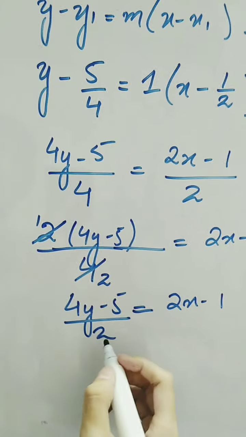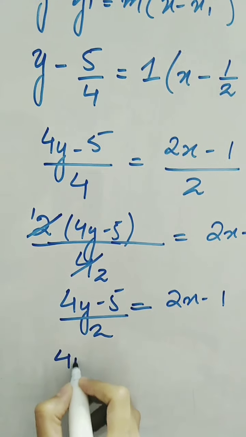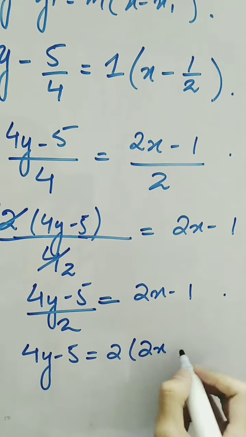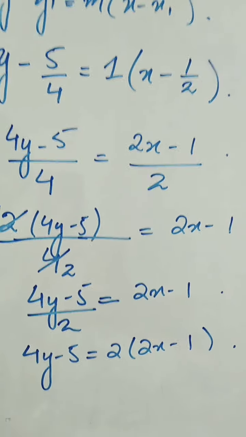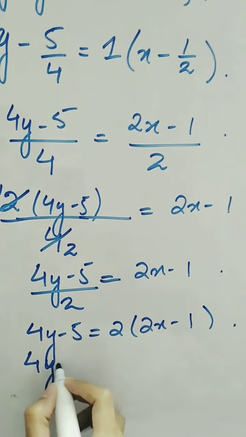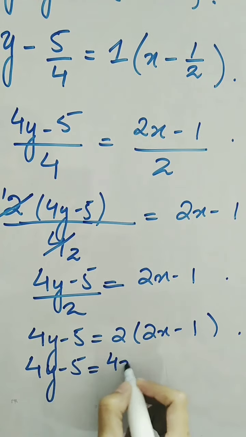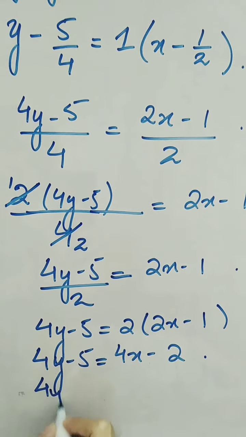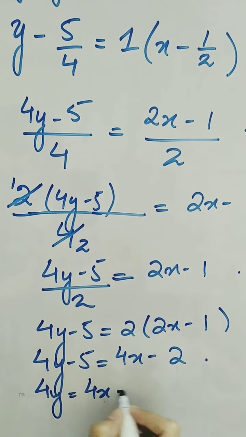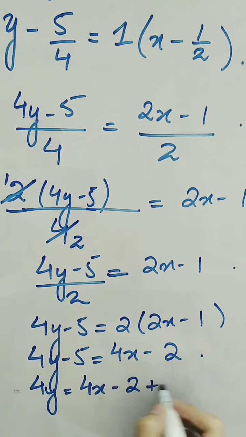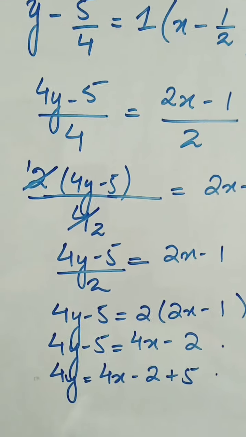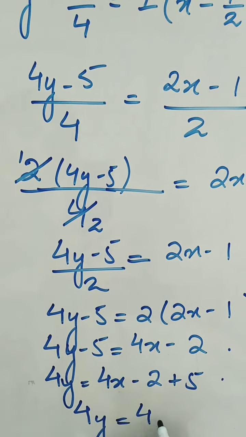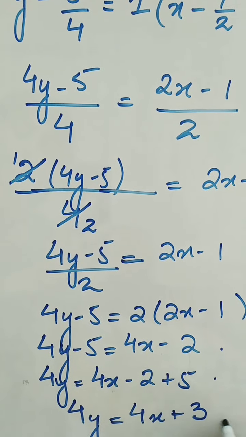We just simply shift this 2 here and we have 4y minus 5 equals 2 into 2x minus 1. Now we have 4y minus 5 equals 4x minus 2, or we have 4y equals 4x minus 2, and by moving this 5 here it becomes plus. Now we have the final equation 4y equals 4x plus 3.